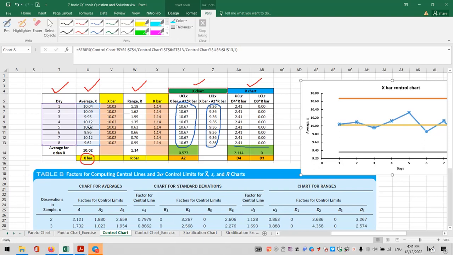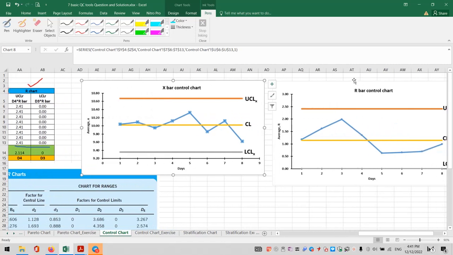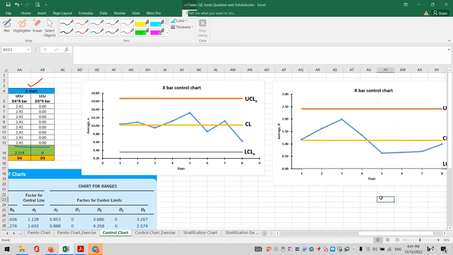Then same goes for the R bar control chart. If you follow all this method, you will get full marks.